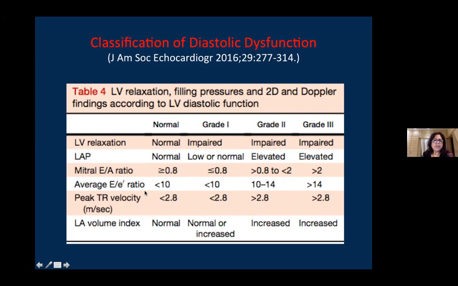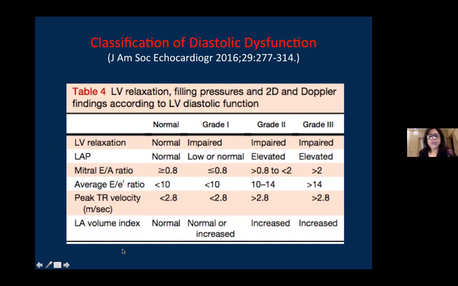So all these findings say that left atrial pressure is normal or lower normal in normal diastolic function and grade 1 diastolic dysfunction, whereas the LA pressure is elevated in grade 2 and grade 3.